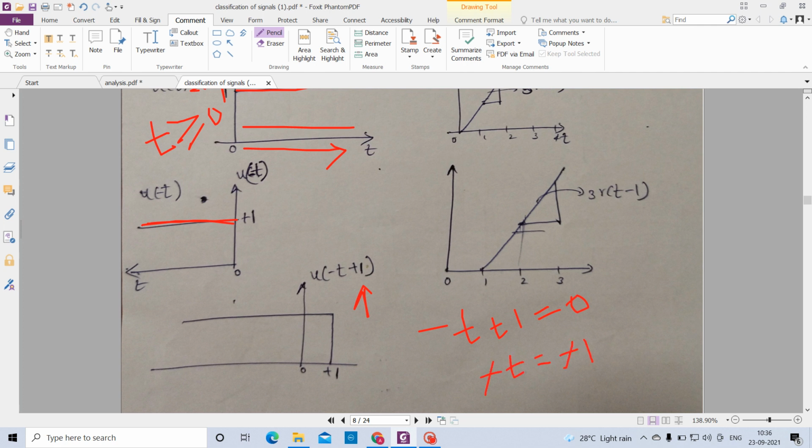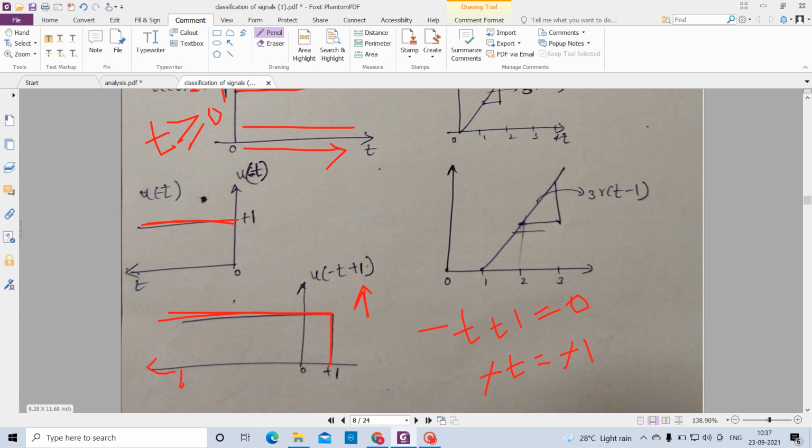So when t is equal to 1, the amplitude of the unit step function is 1. So you have to draw starting at t is equal to plus 1. This is the graphical representation of u of minus t plus 1.